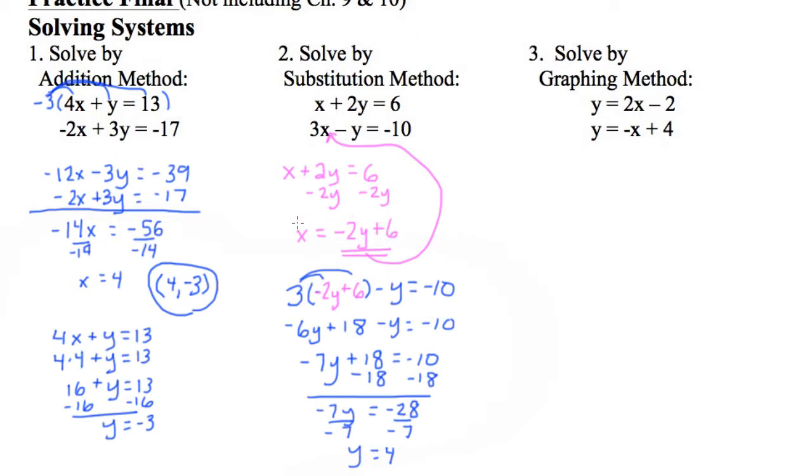So I'll go back to this equation probably, although you could use any of these equations. But I'm going to use the equation that I made here. X equals negative 2y plus 6. And I now know that y is 4. So I'm substituting, instead of that y, I'm going to put 4.